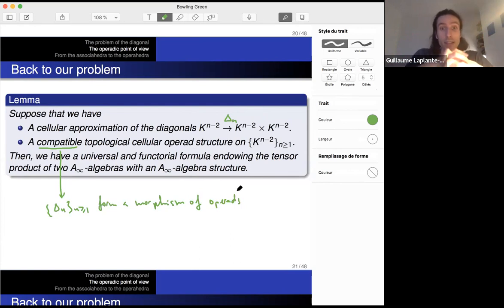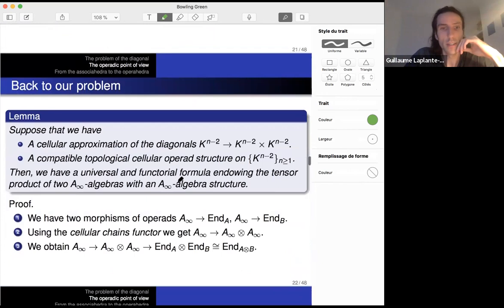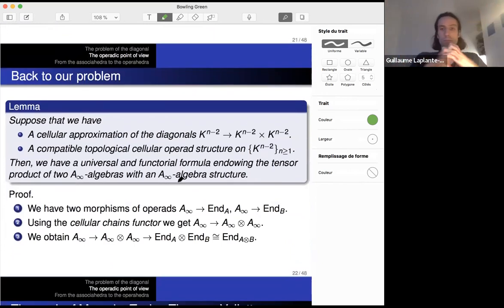And actually, the proof of this lemma is quite easy. It's quite straightforward from the theory. In two words, if you have an infinity algebra structure on A and an infinity algebra structure on B, these are equivalently described as operad morphisms from A infinity to the endomorphism operads.